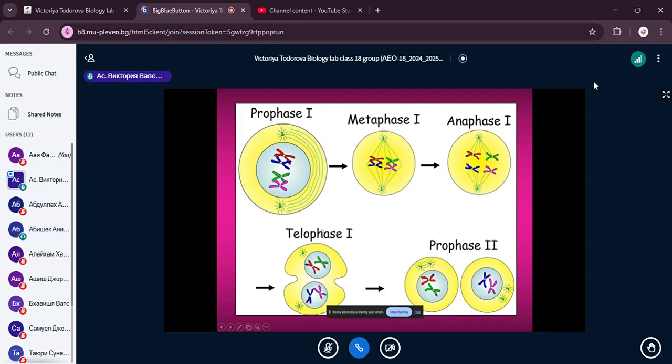And the cell enters telophase 1, and with the cytokinesis, at the end of the first meiotic division, we have two cells. They are haploid cells. The nuclear membrane forms again, as you can see here, in each daughter cell.